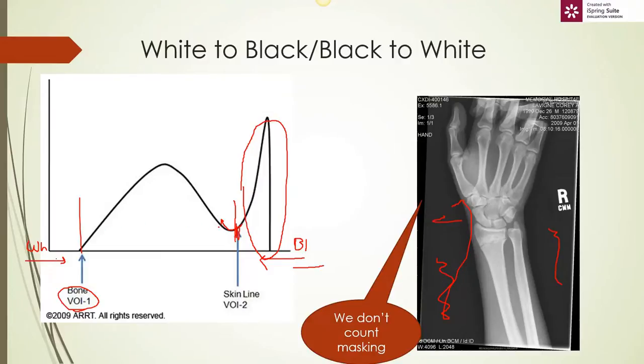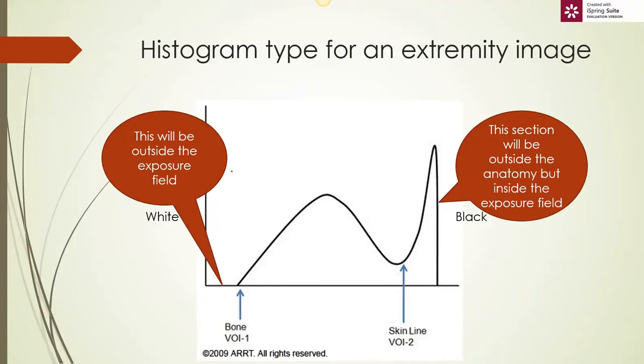Now, if the computer cannot recognize these borders, that's when you end up with these errors that we've been talking about. So kind of in the background, this is really what it gets down to. We've got white on one side of the continuum, you have black on the other side. We expect this is going to be outside the exposure field.